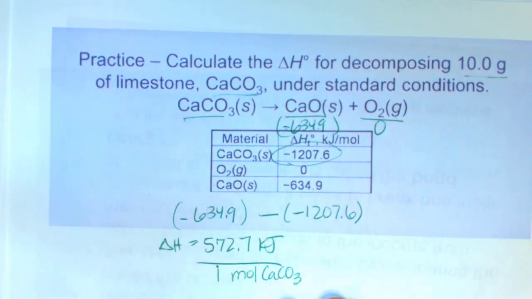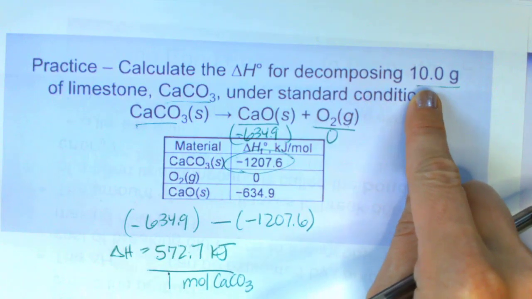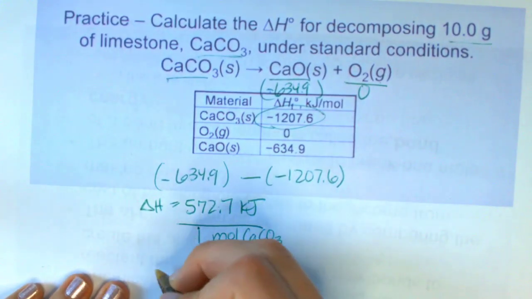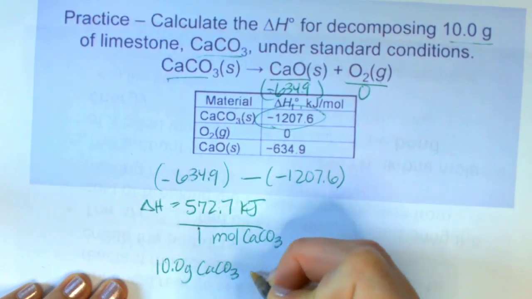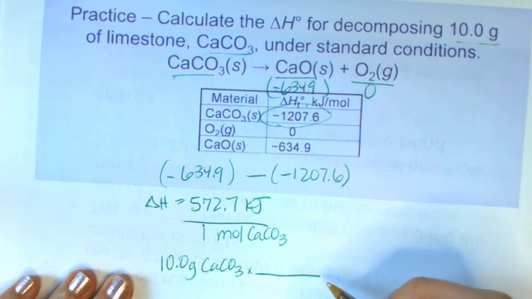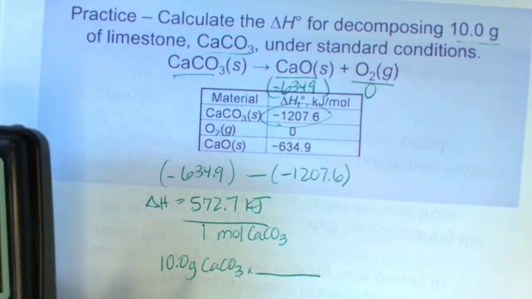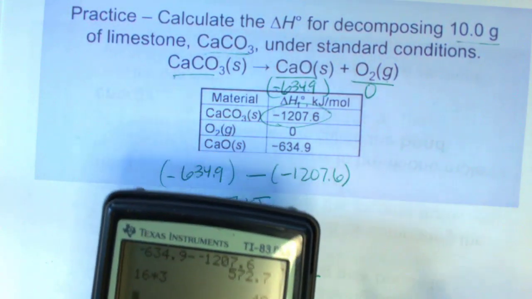But I don't have 1 mole of calcium carbonate, or at least I don't think I have 1 mole. I have 10 grams of calcium carbonate. So I'm just going to do 10 grams of CaCO3. I need to figure out how many moles of CaCO3 that is. So by looking at a periodic table, I can do oxygen's mass, which is 16, times 3, because I've got 3 of them.